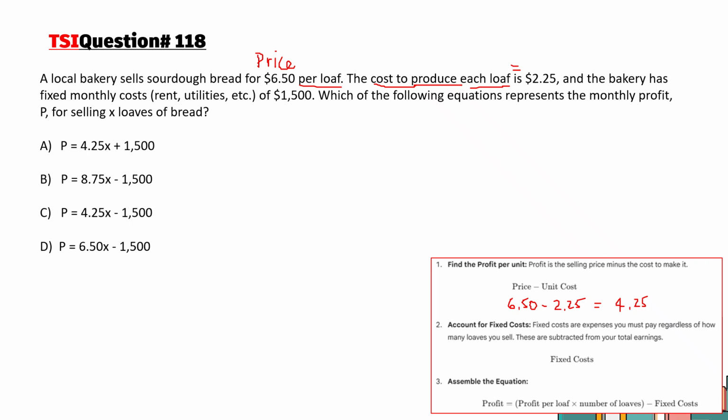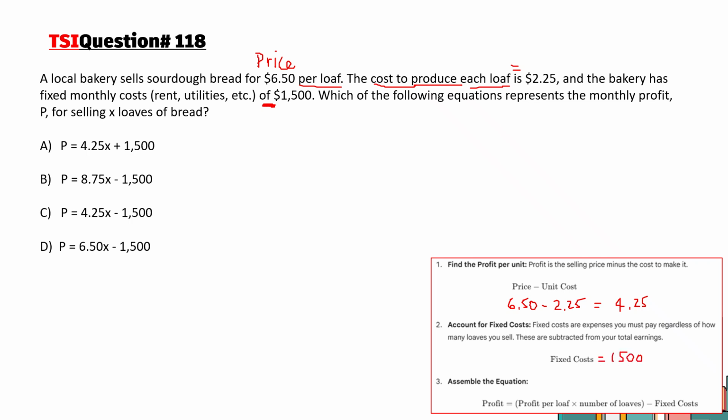If you lose money, that is negative. So in this case, because you have to pay for the rent, you lose your money. So it means this is a negative amount. So now you see the fixed cost right here is 1500.